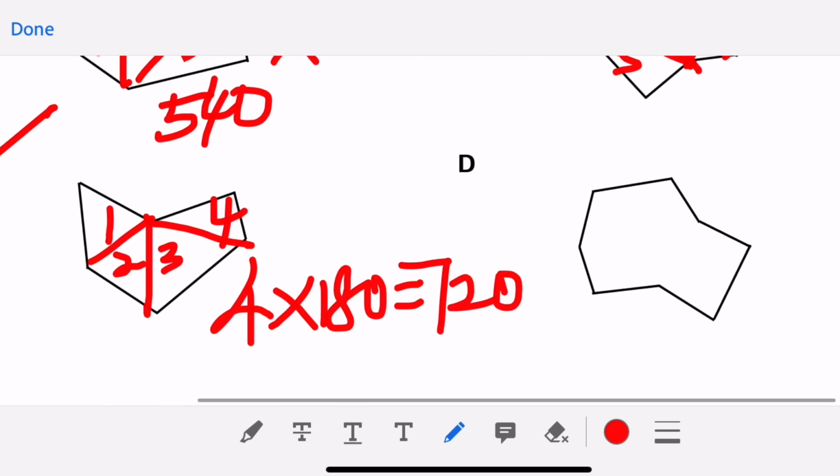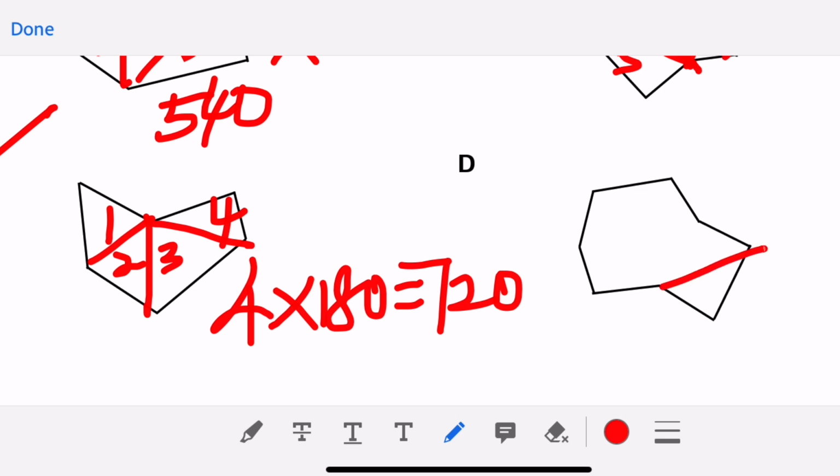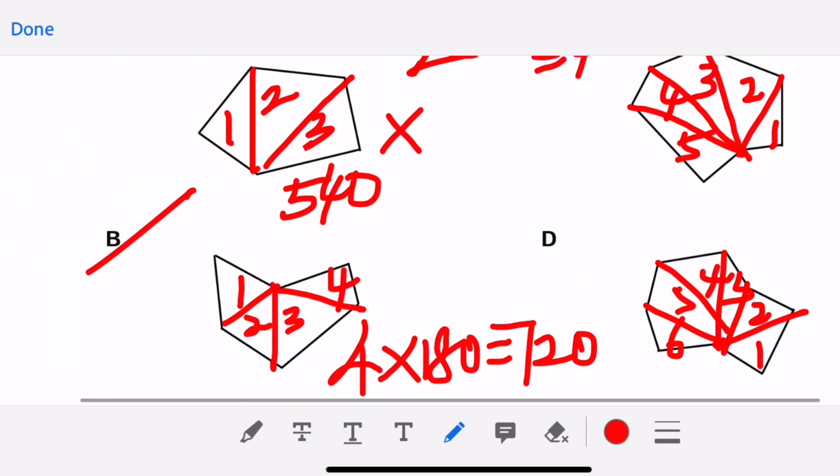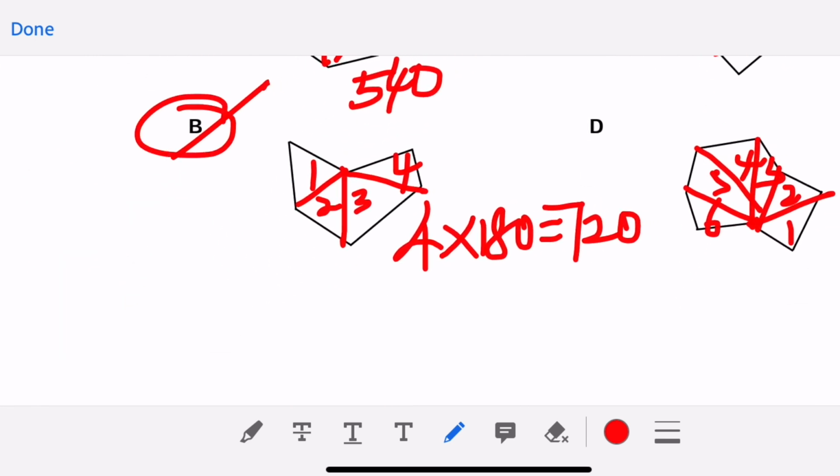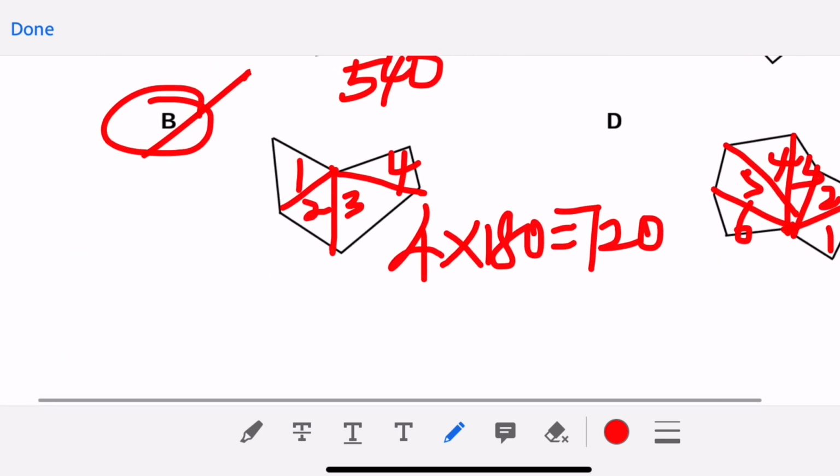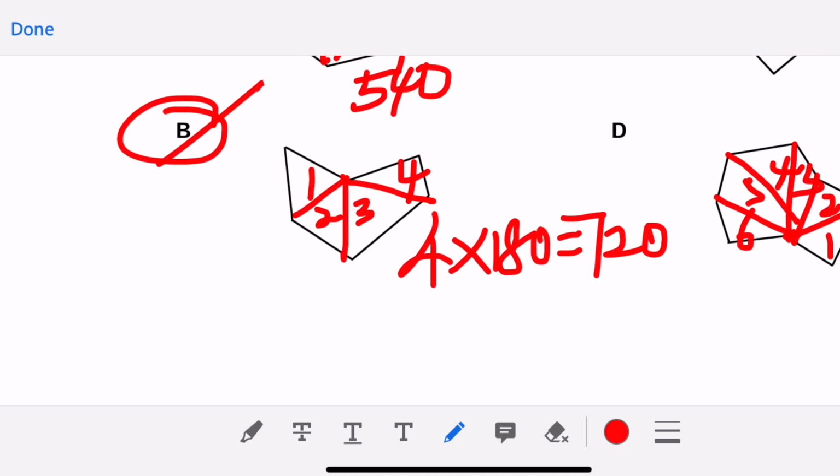You have 5, right? So it's more than 4. This one you have 1, 2, 3, 4, 5, 6. Wow, this is wrong. So the answer will be 4 times 180, which is 720 degrees for the total interior angle.